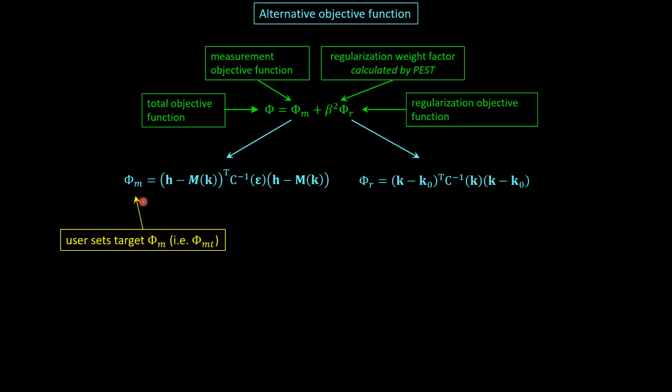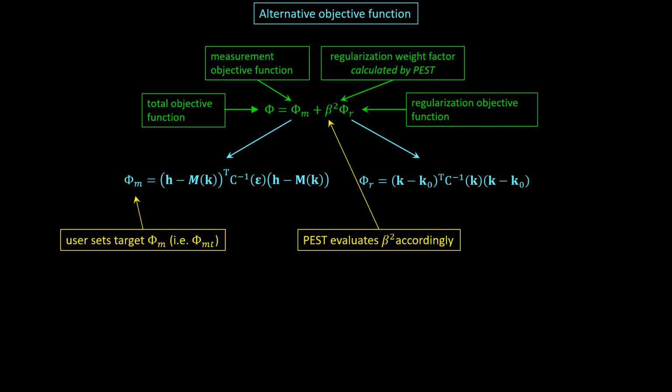It tries to achieve this target with the lowest possible value for the regularization objective function. So the user sets the target measurement objective function. PEST then works out beta squared. It works out how to balance these two components of the objective function such that we achieve our target measurement objective function, if we can, with the lowest possible value for the regularization objective function.